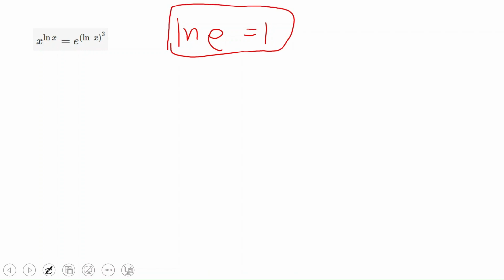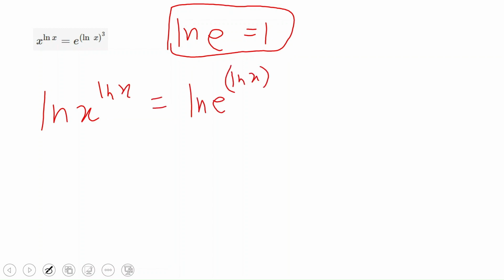x to the power ln x is equal to e to the power ln x cubed, whole cubed. Now, one property that I should mention is that ln of e is equal to 1, and I'm going to be using that over here. So let's take the natural log on both sides. Natural log of x to the power ln x is going to be the natural log of e to the power ln x cubed.